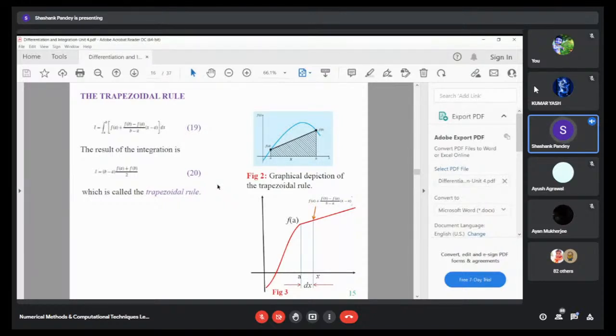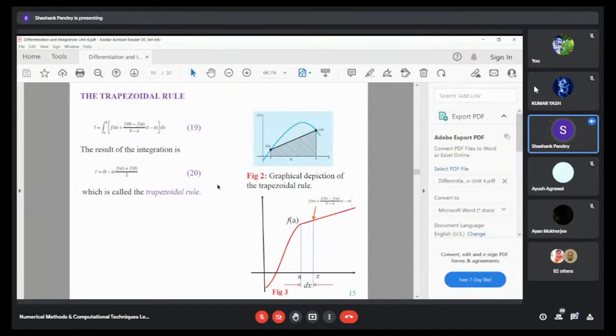Using this similar triangle approach, I can express f of x, the value of function at point x lying between interval a and b, in terms of f of a and f of b, written here as f of a plus f of b minus f of a upon b minus a, into x minus a. So you can use the similar triangle approach and get the value of function at this point.